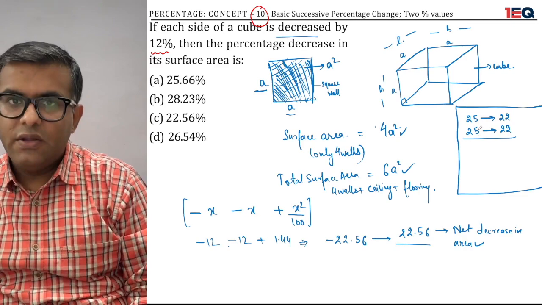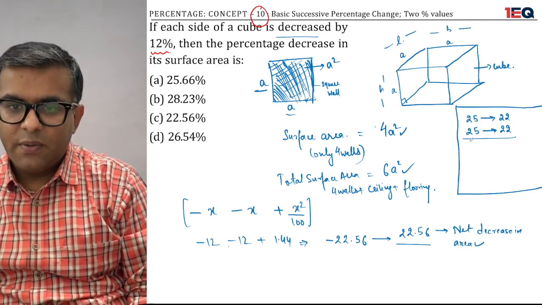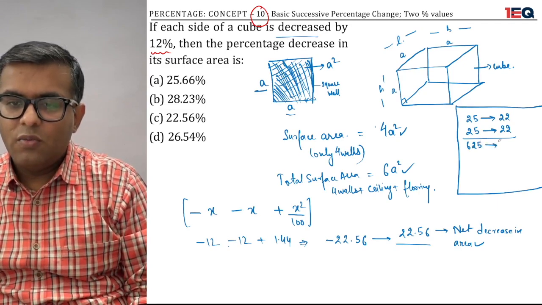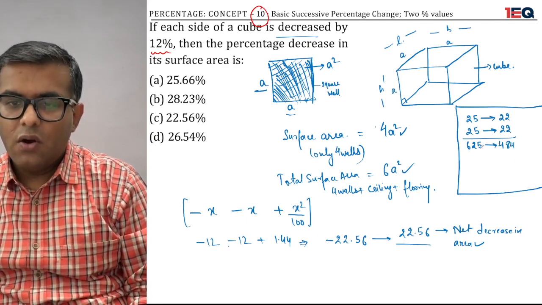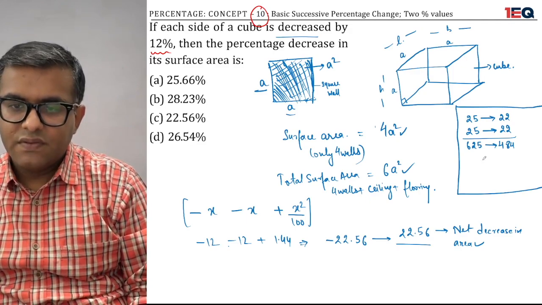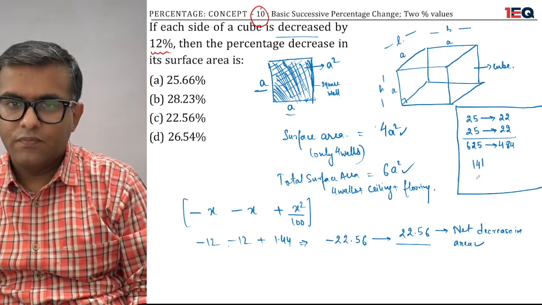So 25 multiplied by 25 becomes 625, and 22 multiplied by 22 makes it 484. Got it? Now 484 when reduced from 625 gives a result of 141.